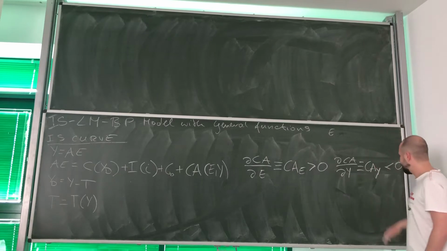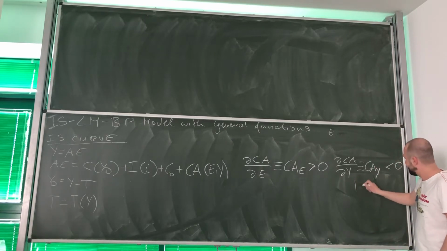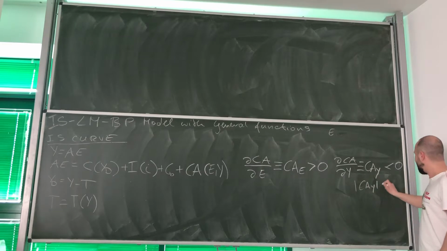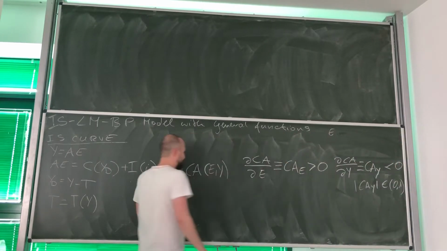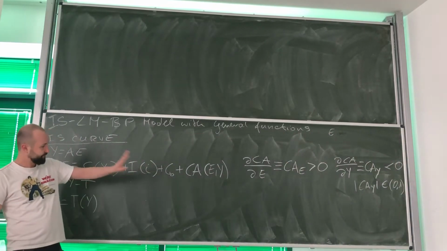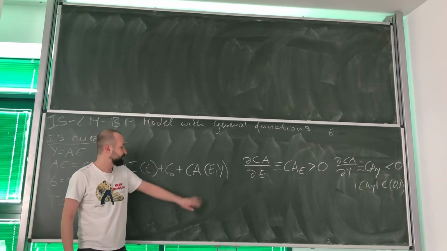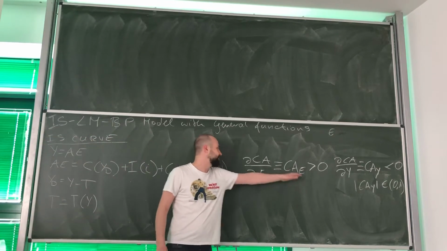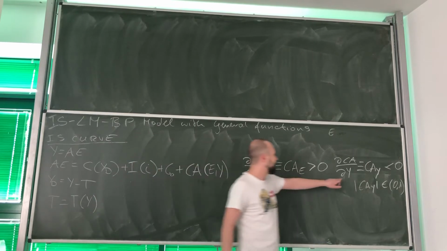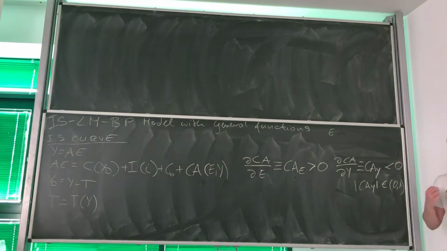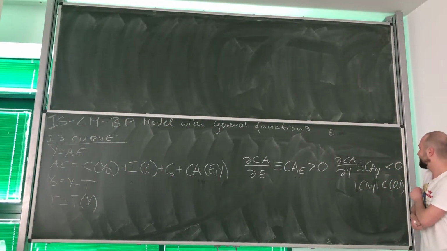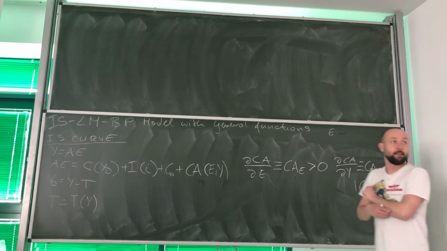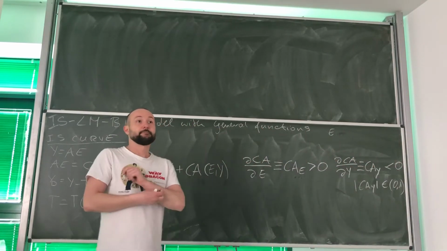And look, because this is MPI, we can say the absolute value of this should be between 0 and 1. But this is not the most important thing. The most important thing are those two relationships. We know that depreciation improves the current account, while higher GDP, due to the fact that we spend more money on imported goods, has a negative impact on the current account.